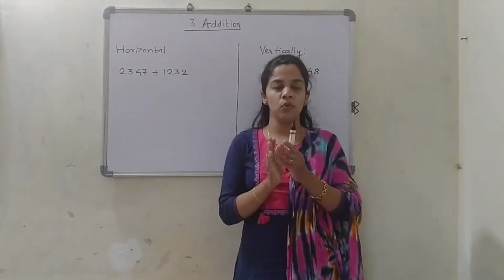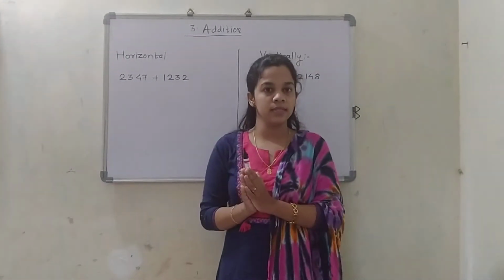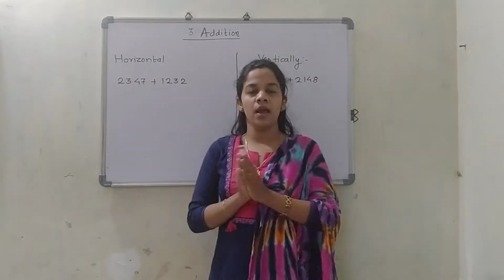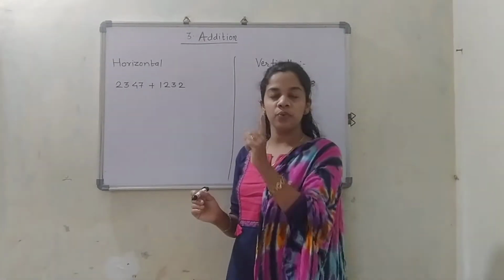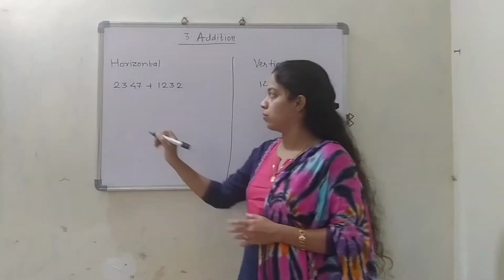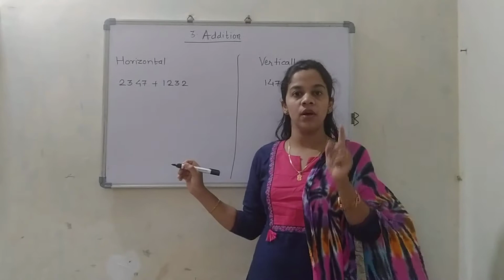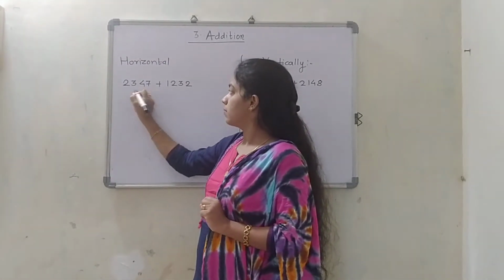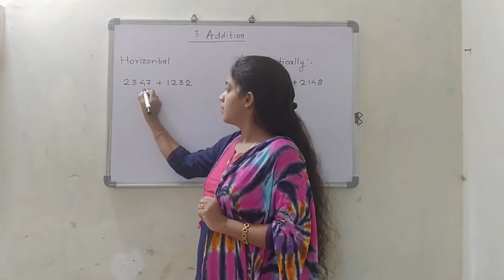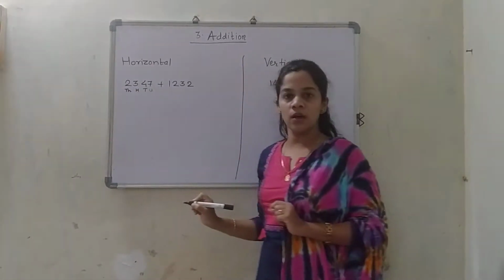Now always remember, you are going to add unit with unit itself, tens with tens, 100 with 100 and 1000 with 1000. So for extra information I am going to write down the places over here. You are not supposed to write it in your book. You are just going to remember this for your extra knowledge. This is unit, this is tens, this is 100 and this is 1000.